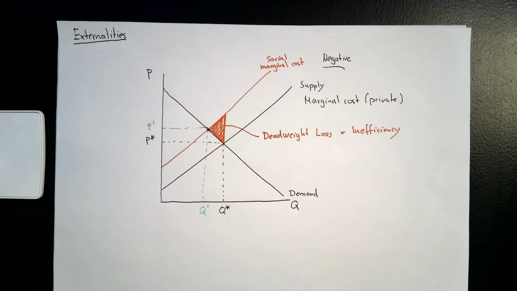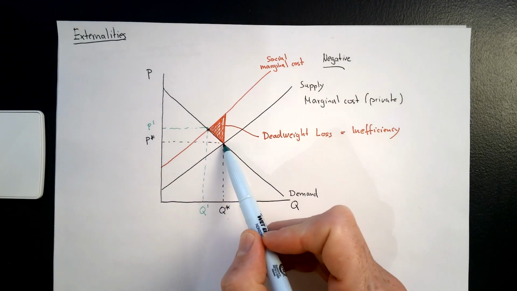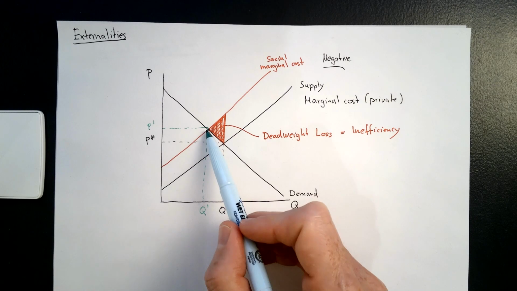In the slides, I mentioned that if we have a negative externality and we have this inefficiency, the government could actually restore efficiency in the sense that the government could implement a policy to shift consumption and production of the good from here to here.